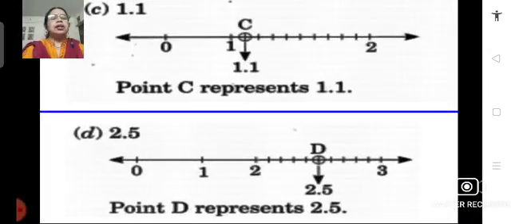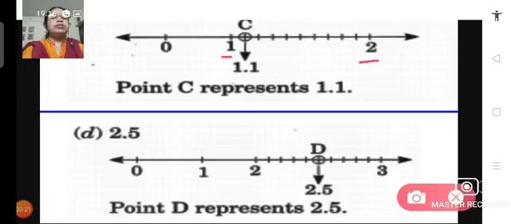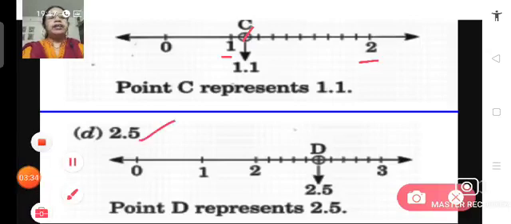Next one, C, 1.1. 1.1 lies between 1 and 2. The space between 1 and 2 is divided into 10 equal parts, and the first part represents 1.1. Point C represents 1.1.